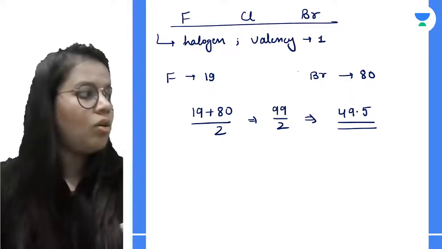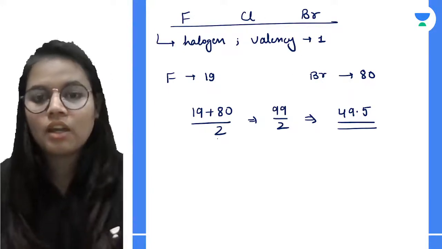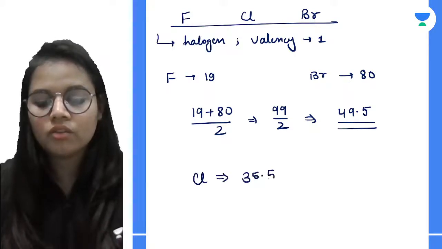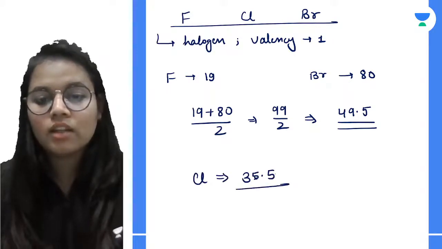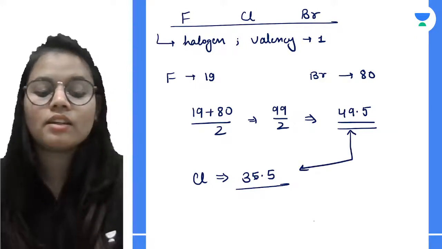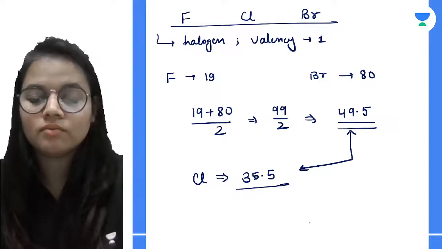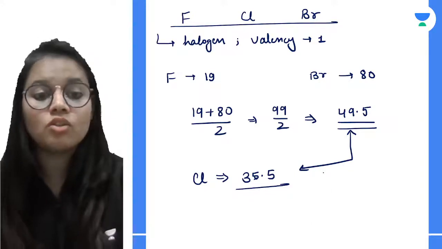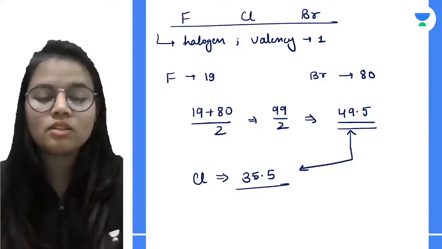Now over here, what is the condition? Chlorine's mass is 35.5. Correct? Now this mass of chlorine and the average mass are nowhere near. So that was the reason why we needed to drop Dobereiner's triads.